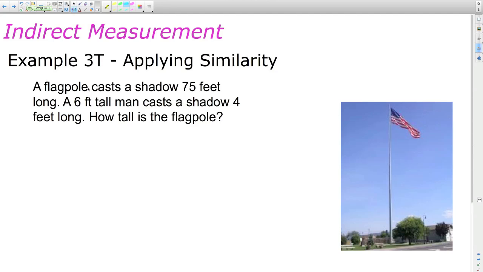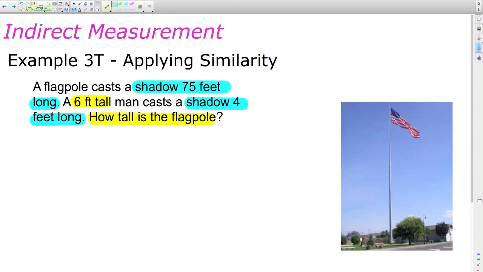What we're given here is that a flagpole casts a shadow that's 75 feet long. Then a 6-foot tall man casts a shadow 4 feet long. We're also told that the man is 6 foot tall, and we're asked to find how tall the flagpole is.